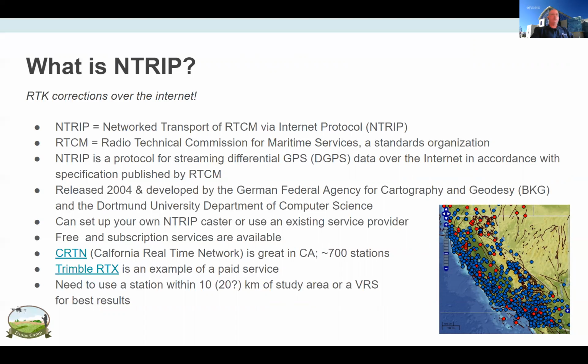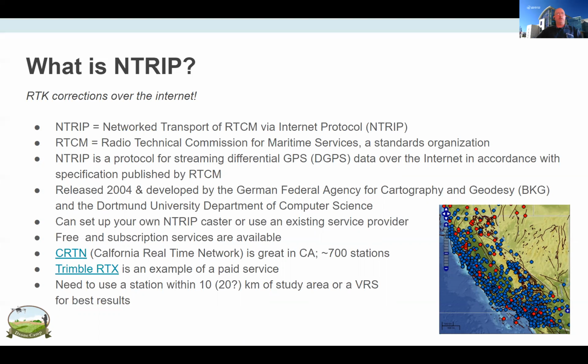You can set up your own NTRIP caster and open it up to the world or just your own users. You basically need a base station on a known location that's connected to the internet, and you can provide NTRIP corrections to yourself and your group or the world.